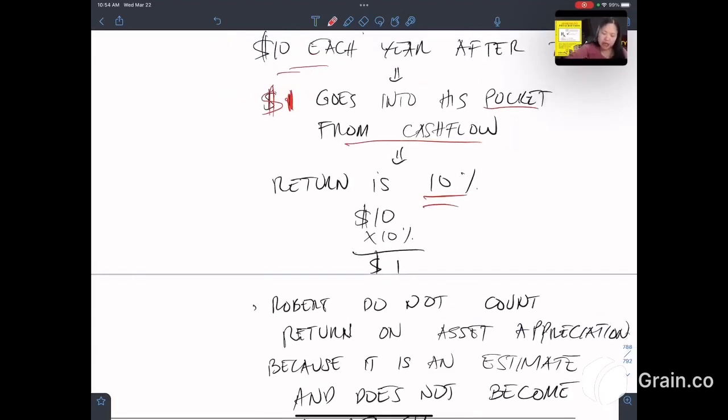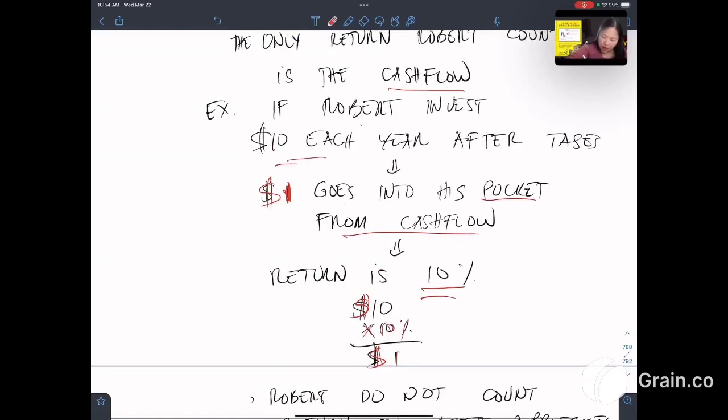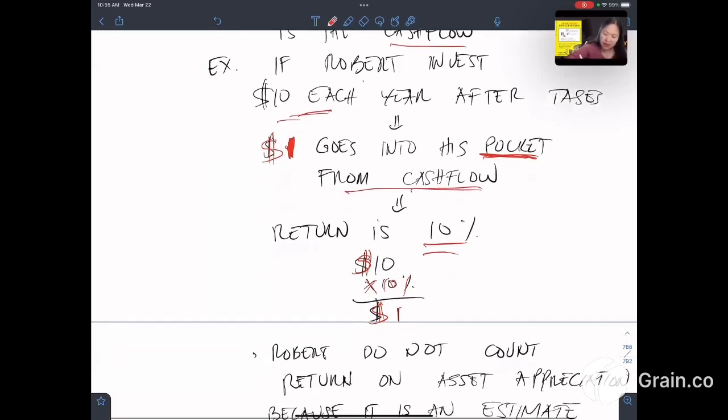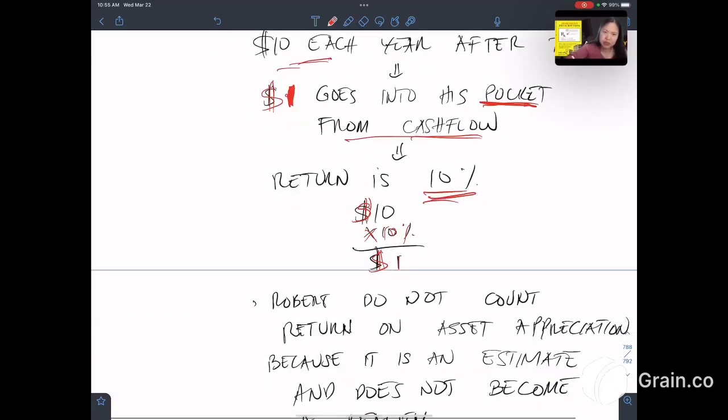So how did we get that? $10 times 10% will give you $1. So that's why if you invest $10 from your own pocket and you earn $1, which goes into your pocket from the cash flow, that is equivalent to a 10% return.